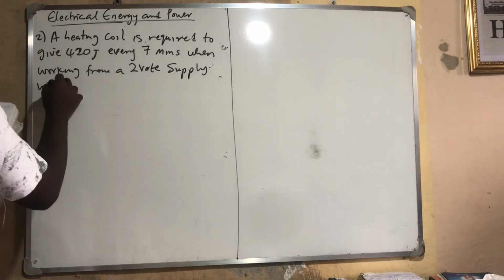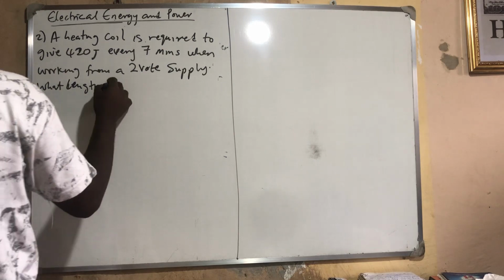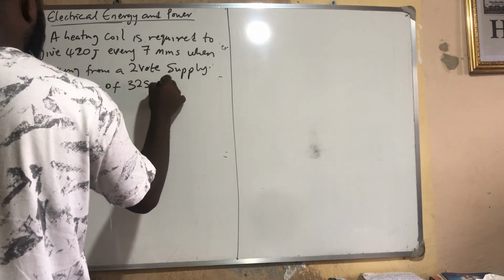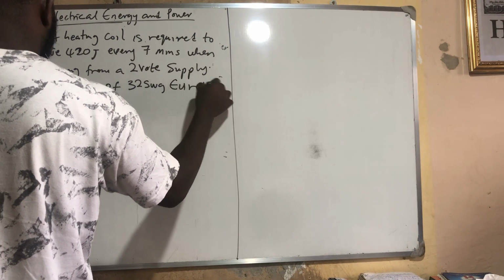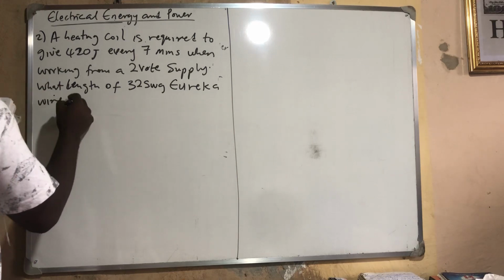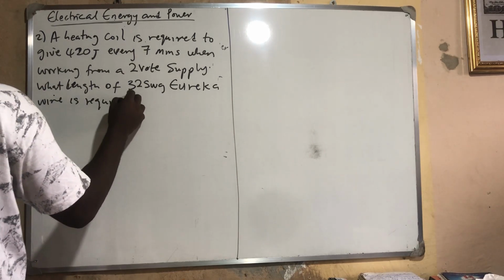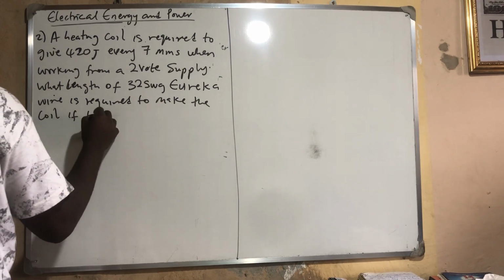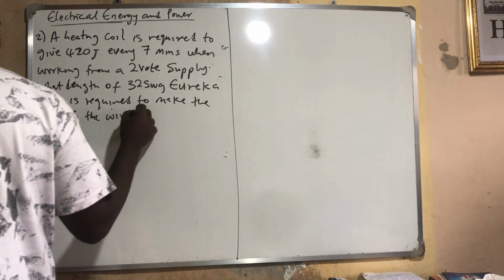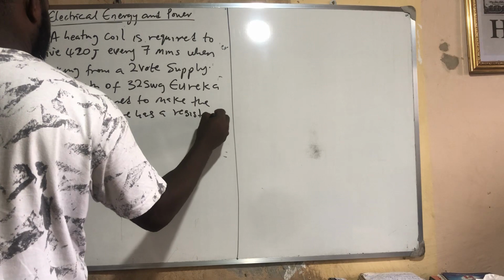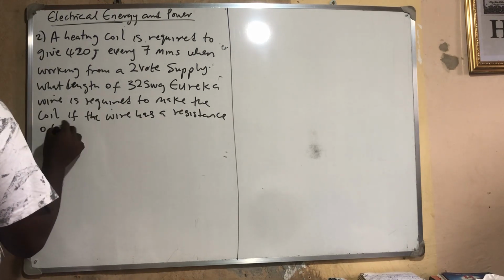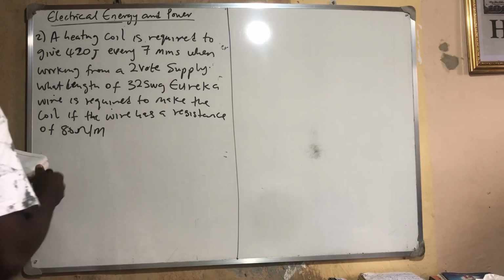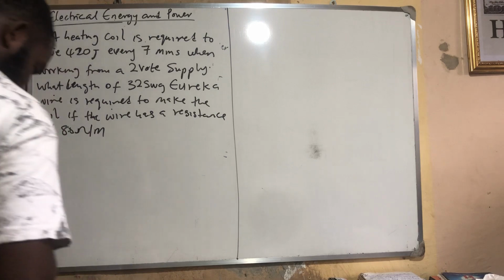Then it asks what length of 32 SWG Eureka wire is required to make the coil, if the wire has a resistance of 8.0 ohms per meter.